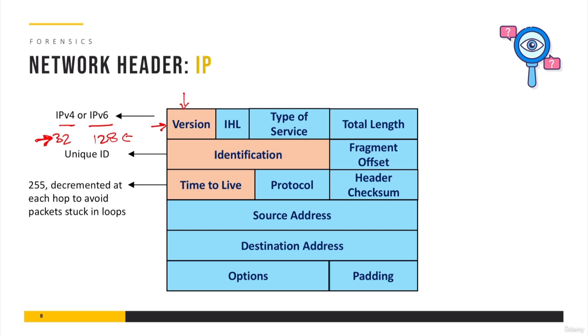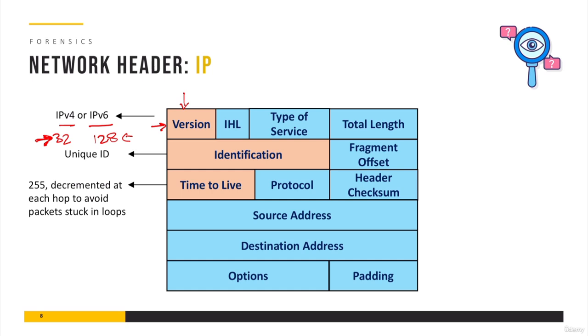The basic idea is that because the internet is really vast and complex and all these routing algorithms are running, sometimes packets can get stuck in loops. If we didn't have this continuously decrementing at each hop, we would have billions and trillions of packets stuck in loops, which would bring the whole internet down. So even if a packet gets stuck somewhere, eventually, after decrementing to 0, it will be dropped by that router.